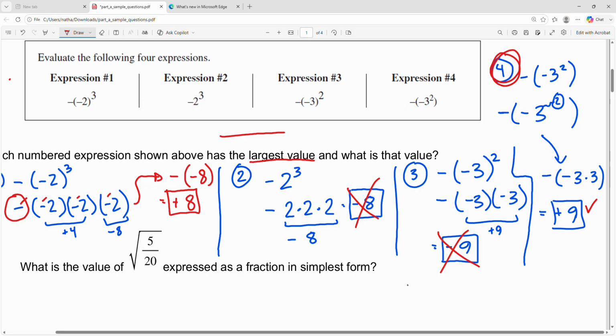You can't ask for hints of how to do the question or what the answer is, but sometimes it's confusing how they want you to enter that and you want to get it right. So they are probably going to ask you what is the number, and your answer would be 4 because expression number 4 is the largest value.